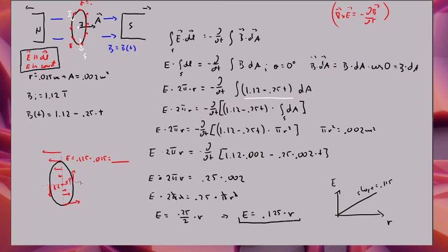And of course, if I move outside of the ring, the electric field gets even bigger. You could add the electric field there as well, but we will live without that. Anyways, there's the electric field in the space as the magnetic field is changing.